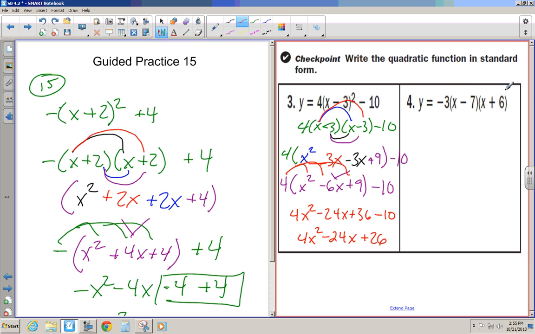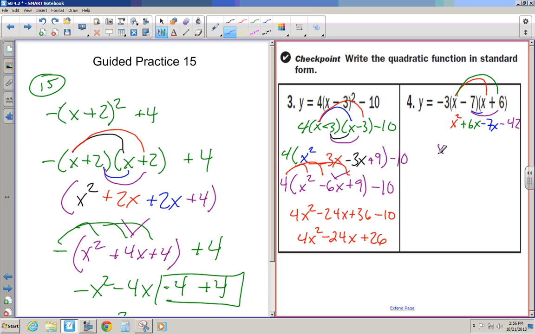All right. Here's a look at what you do with the intercept form again. So it's FOIL. The first part gets multiplied. The outside part gets multiplied. The inside part gets multiplied. And the last part gets multiplied.